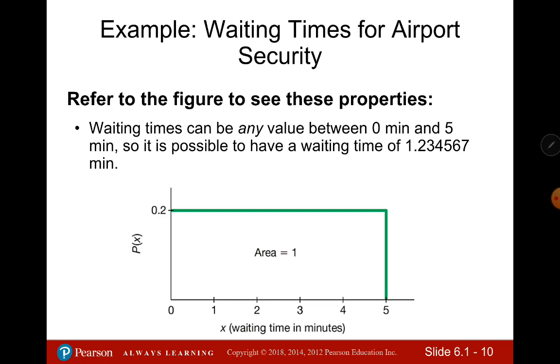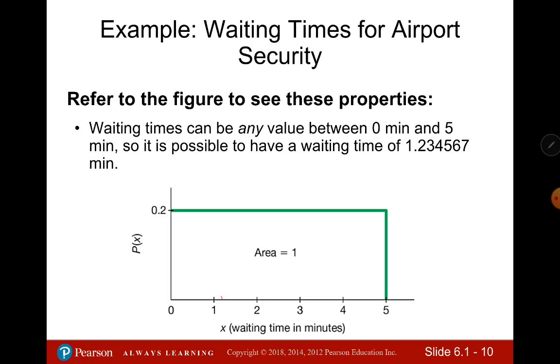So waiting time can be any value between 0 minute and 5 minute. So it's possible to find this kind of waiting time, right? Because it's a continuous distribution. Any value. So it's something like the value here, 1.23456.